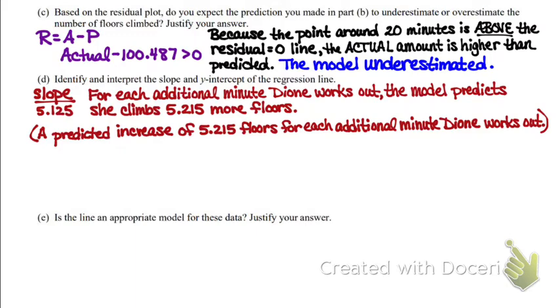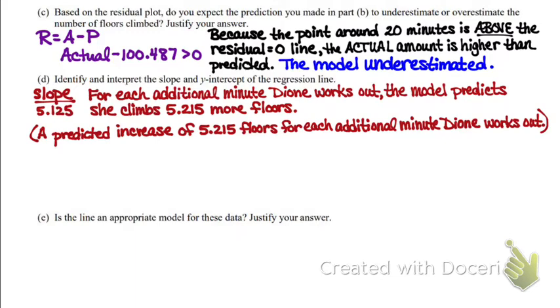All right. So we talked about the slope, 5.125, and we said for each additional minute Dion works out, the model predicts that she climbs 5.215 more floors, or a predicted increase of 5.215 floors for each additional minute.